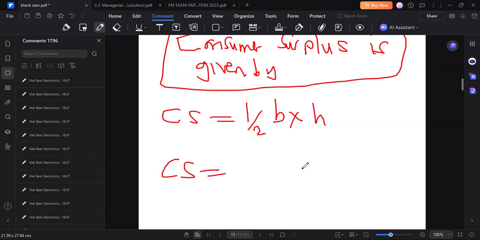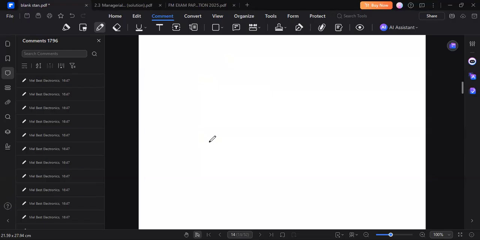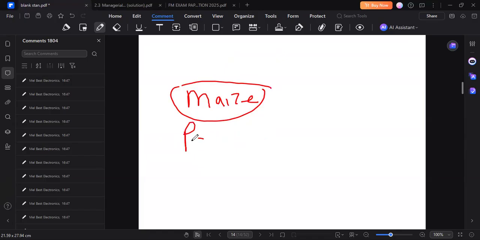Yes, let me give a practical example for maize. For maize, the price supplied can be 250 kwacha or 210 kwacha per bag, for a 25 kg bag.